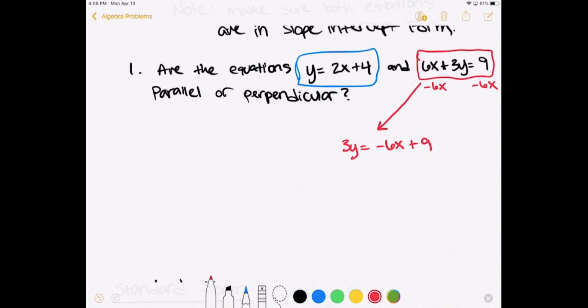Now we're almost in slope-intercept form. To finish getting it to slope-intercept form, we need to get rid of this 3 that's in front of my y. And the only way to get rid of this 3 is to divide it to the other side.